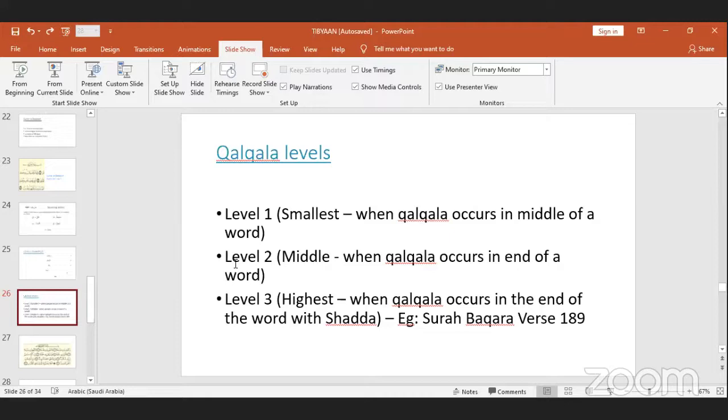It's just the Arabic form of smallest. Then in the middle, it is called qalqalatul wasat. And the highest level is qalqalatul kubra. These are little more detail. You don't need to note it down. People who are more interested can do it. So sugra, wasat, kubra. Those are the 3 levels in Arabic.